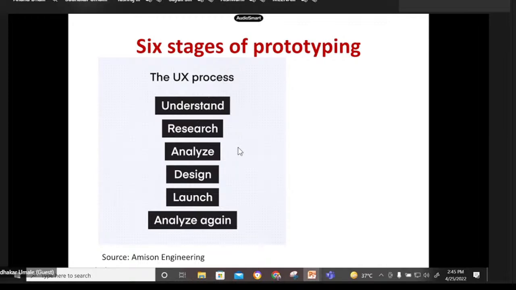As a designer, you must understand the mission and goals of your manufacturing company. Suppose you are working in one of the companies. What are the missions of that company? What are the goals of that company? We have to understand all the missions and goals of the manufacturing company first. And we have to answer one question. I am asking again, how does this project contribute to that goal?